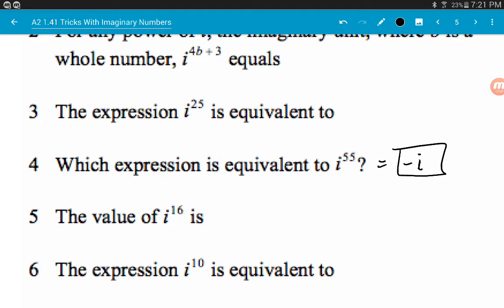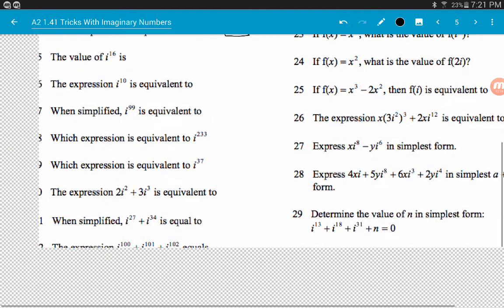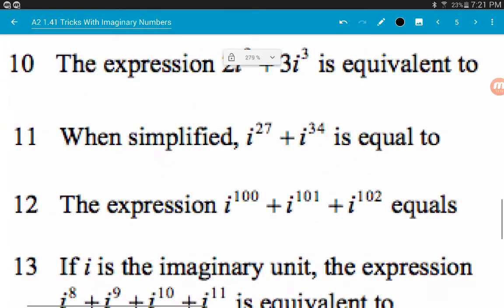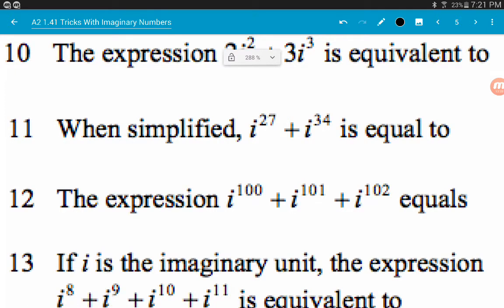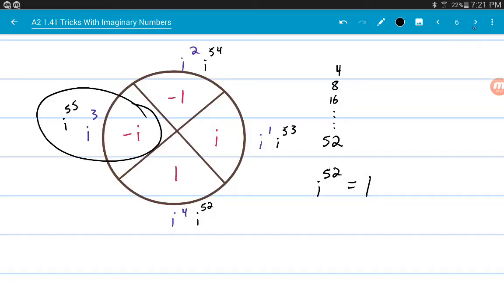So anytime you want to take a number that has a really large exponent, what we can do is that. So if I wanted to take something like question number 11, it's the only other one I'm going to do, what I recognize is that i to the 24th is 1.